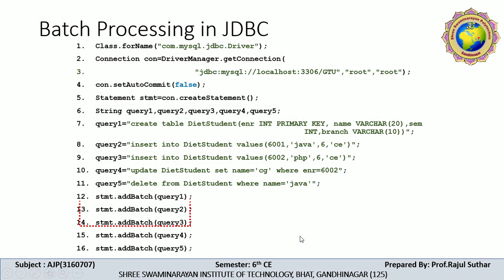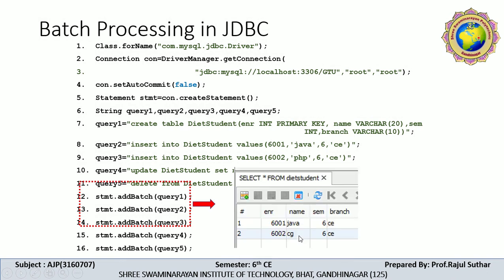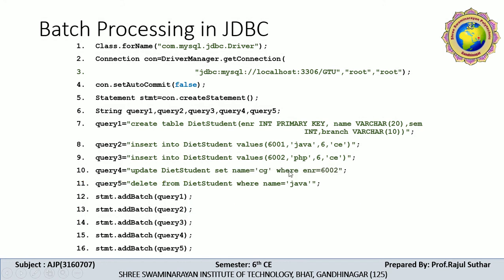Third query, while we are performing the third query, insert into diet values 602. We are updating the database in the fourth.